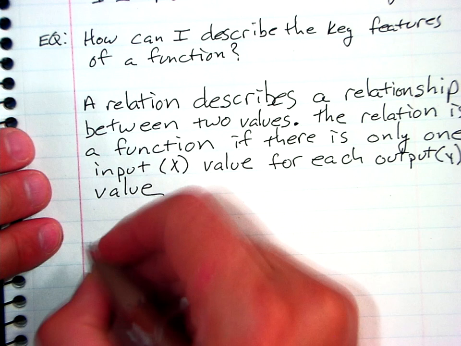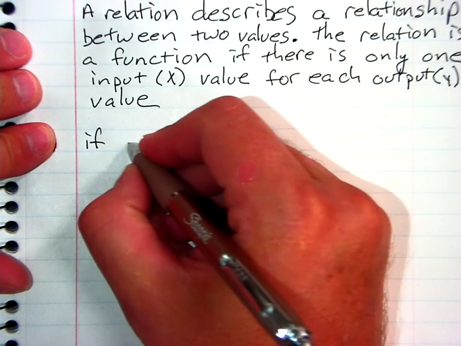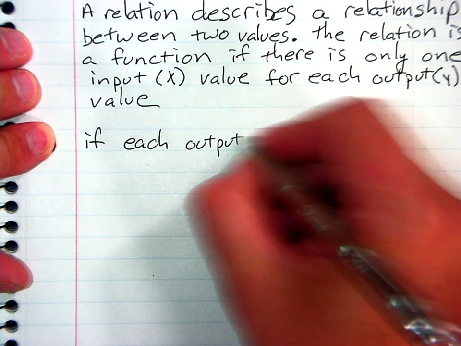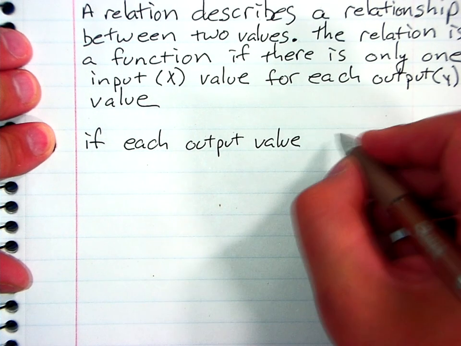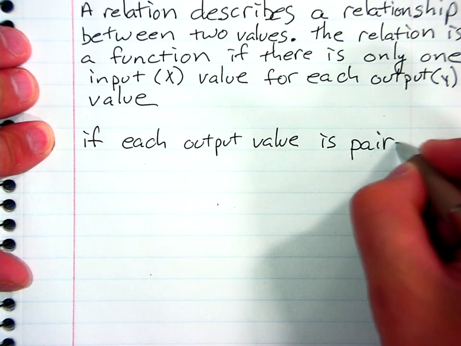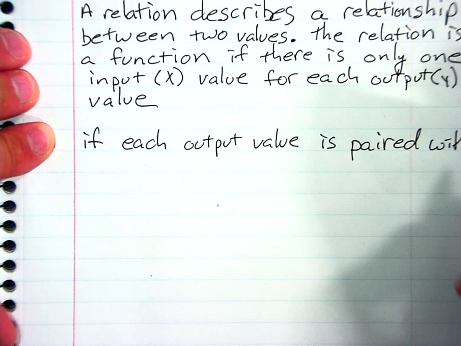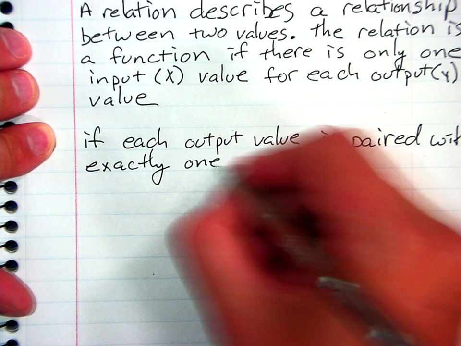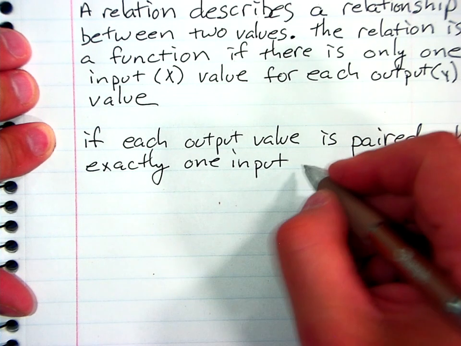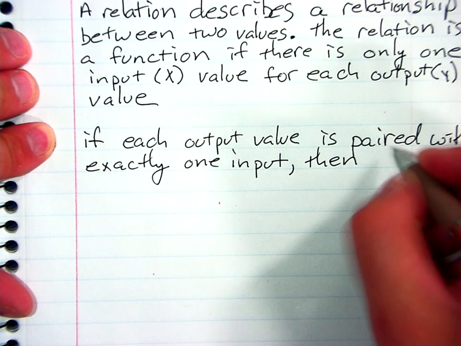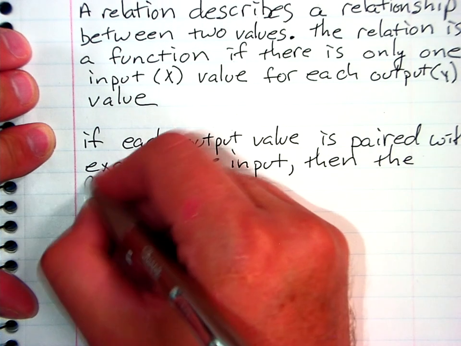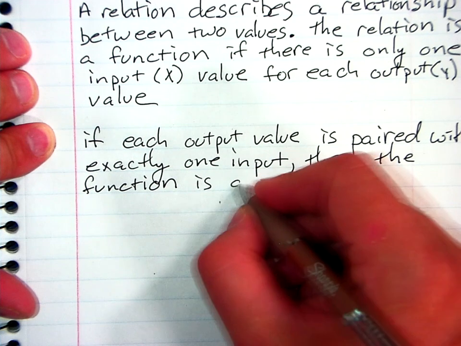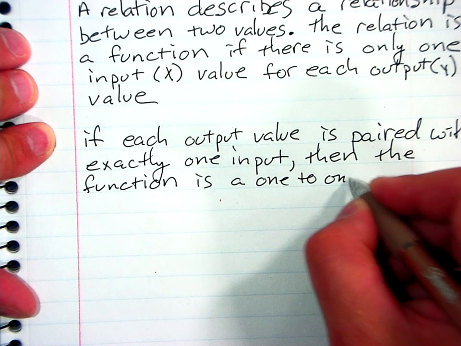All right, if each output value is paired with exactly one input, then the function is a 1-to-1 function.